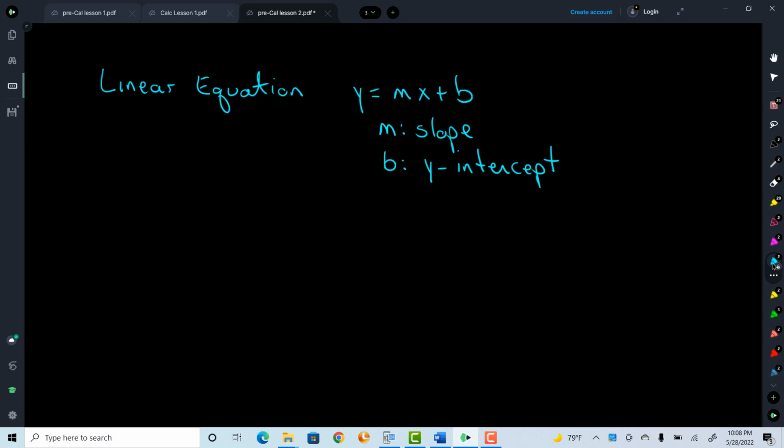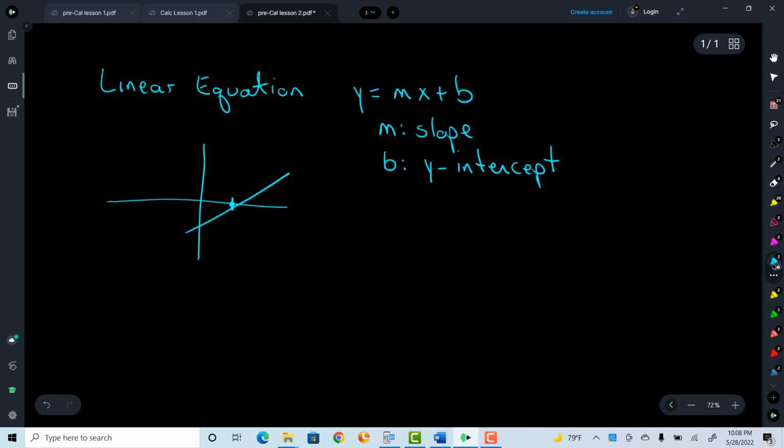Okay, when we talk about the solution to an equation, we're referring to the place where the graph crosses the x-axis. That's what we refer to as the solution to the equation. So one way that we can find the solution to the equation is by setting it equal to 0. Okay, so let's just go ahead and review some very, very basic solving equations, okay?